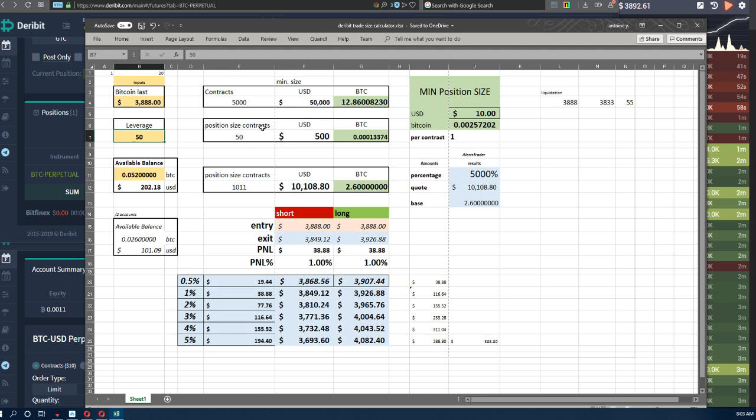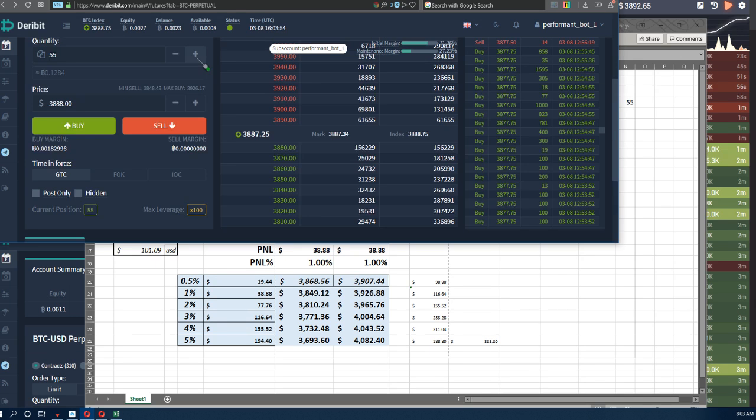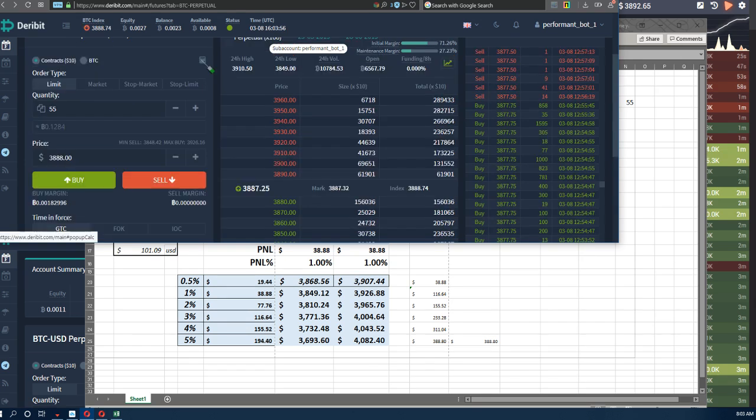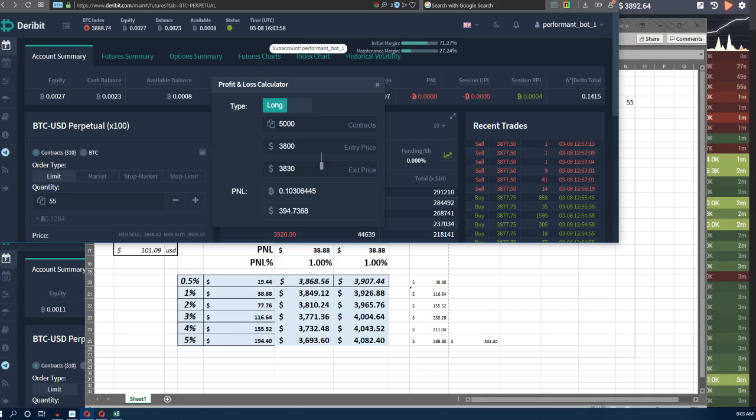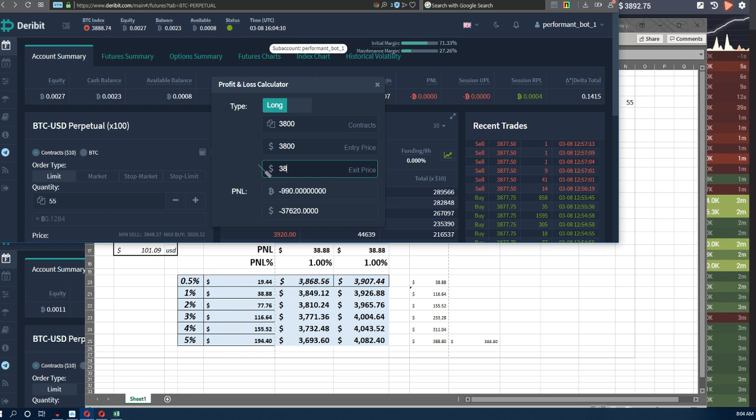I'll go grab that derivative calculator again because it's interesting when you look at it. If you really take a hard look at what's going on, let's say we entered at 3,800 and we trade up to 3,830.